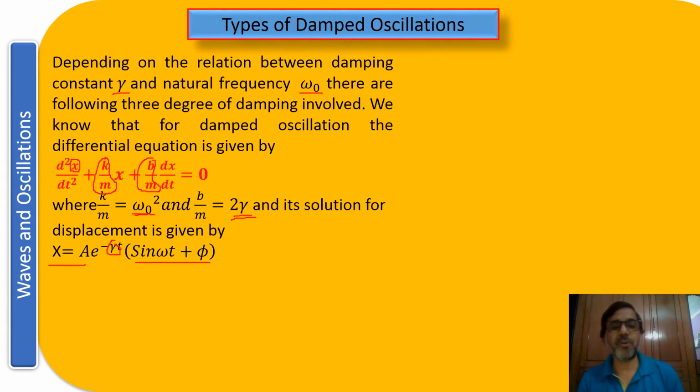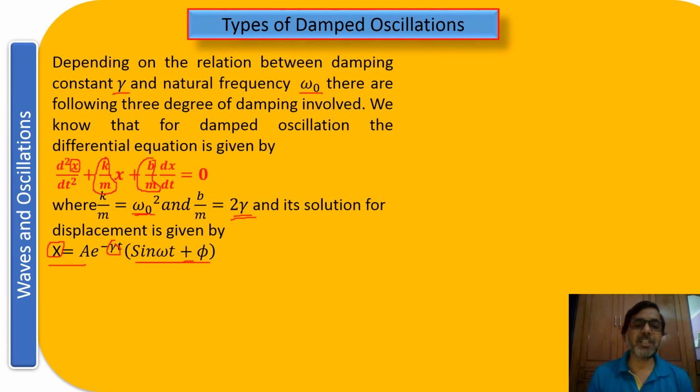Sine omega t gives the sinusoidal wave, phi is the initial phase, and x is the amplitude. This is how the amplitude of the damped oscillations varies.